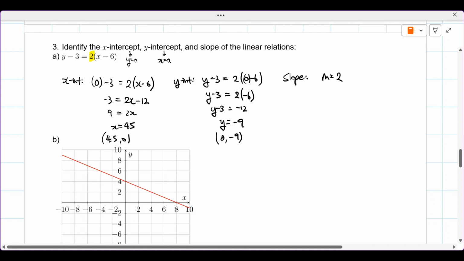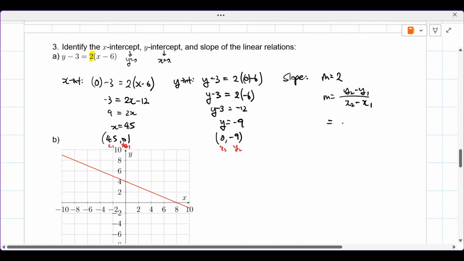If you don't have point-slope form or slope-intercept form, you can find the slope by using the x-intercept and the y-intercept, and then using the slope formula, which goes m equals y2 minus y1 divided by x2 minus x1. If I label the first point x1, y1 and the second x2, y2, let's plug it into the formula.